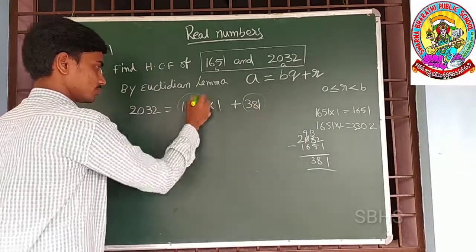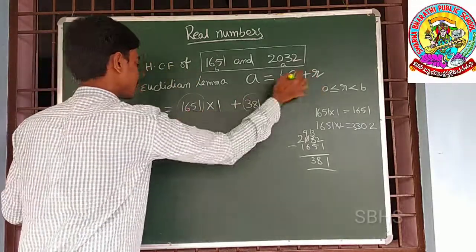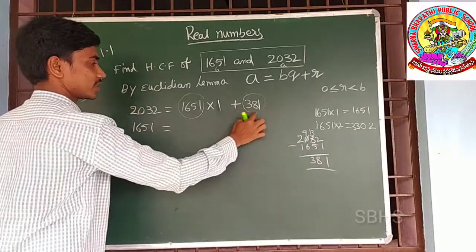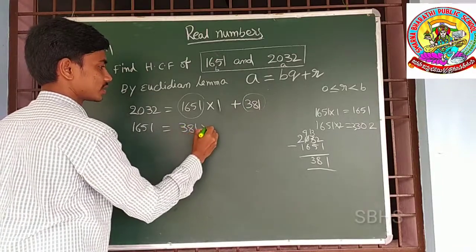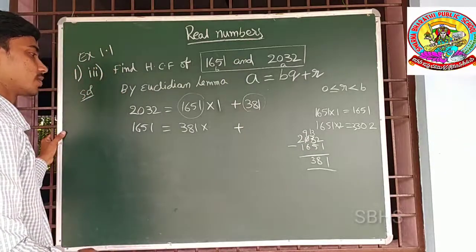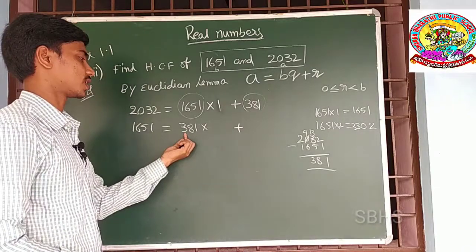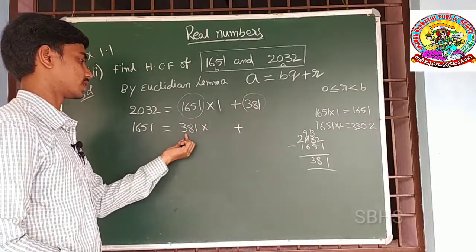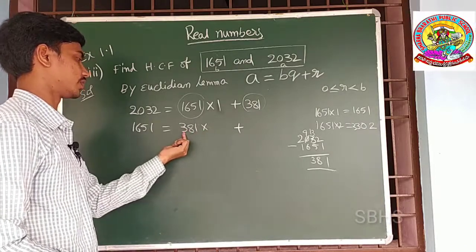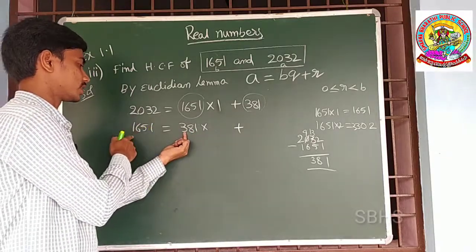So now try to express this number again in the same form. 1651 must be a multiple of 381 plus something you have to add. So 381 roughly: 1 time 300, 2 times 600, 3 times 900, 4 times 1200, 5 times 1500, of course 6 times 1800 is more.